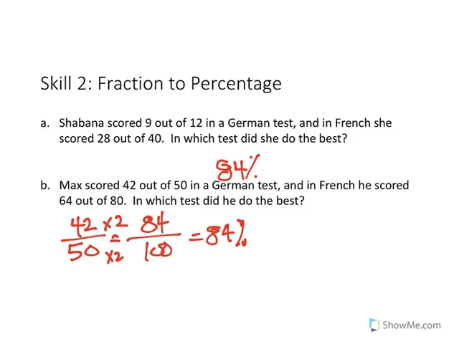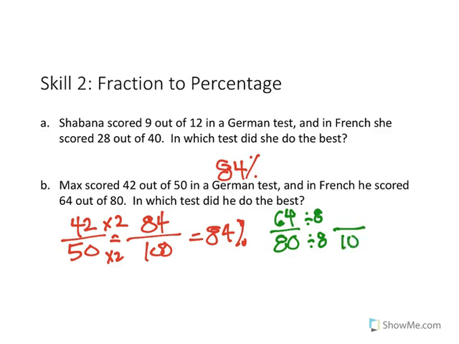Now the next one, 64 out of 80 on his French test. So I think I'm going to divide this because I want to make this an easy fraction to turn to 100. I think I'll divide by 8. And there's many ways you can divide it. Maybe divide by 4 to get 20. So in the end, it's all going to have the same answer.